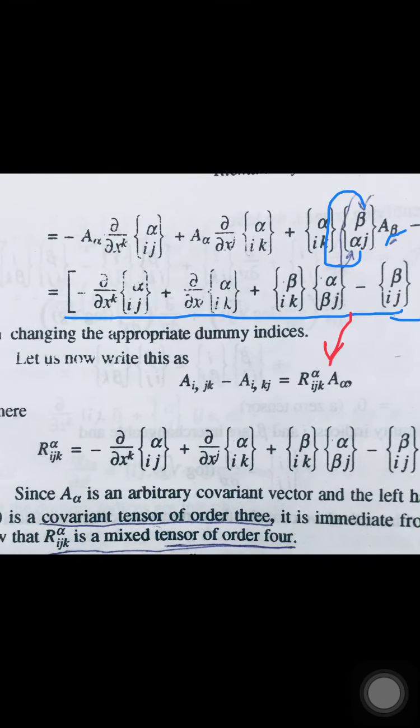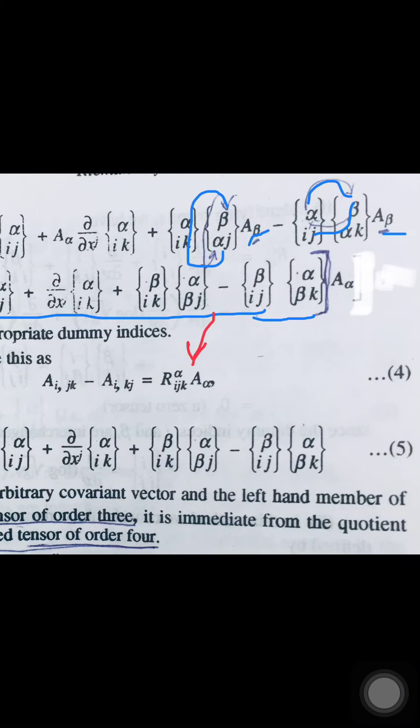So what we are doing here, in the third and fourth terms alpha and beta, beta and alpha are interchanged, so A beta becomes A alpha, and in the last term again change alpha and beta, beta and alpha, so we get A beta into A alpha.